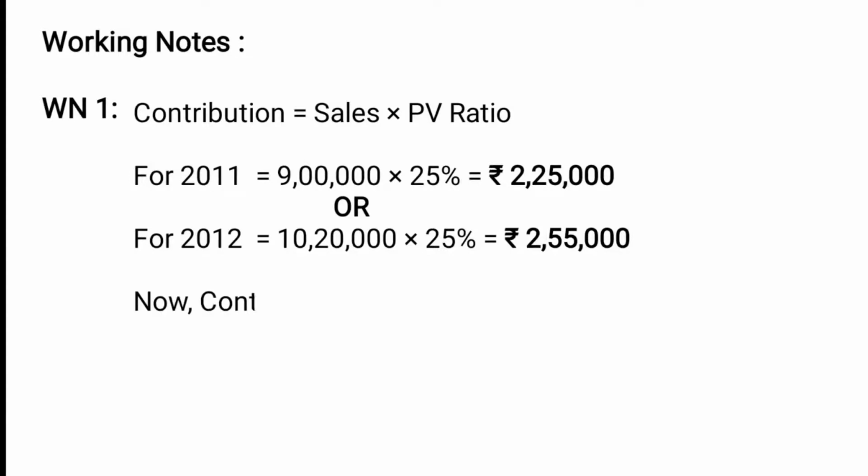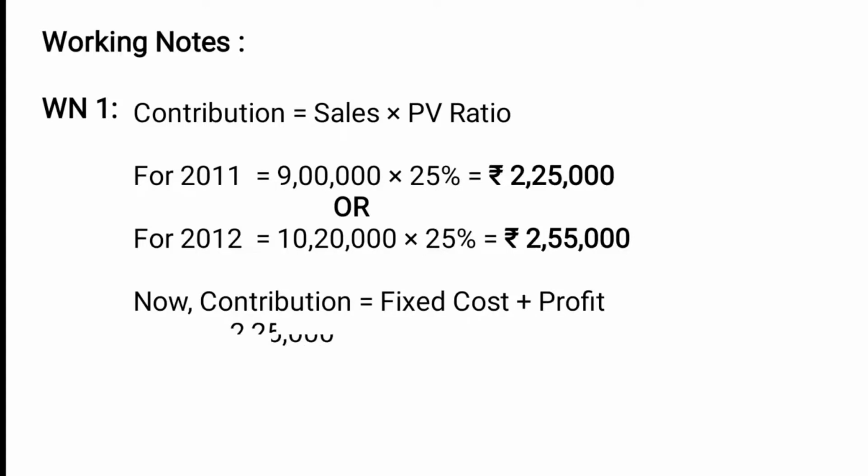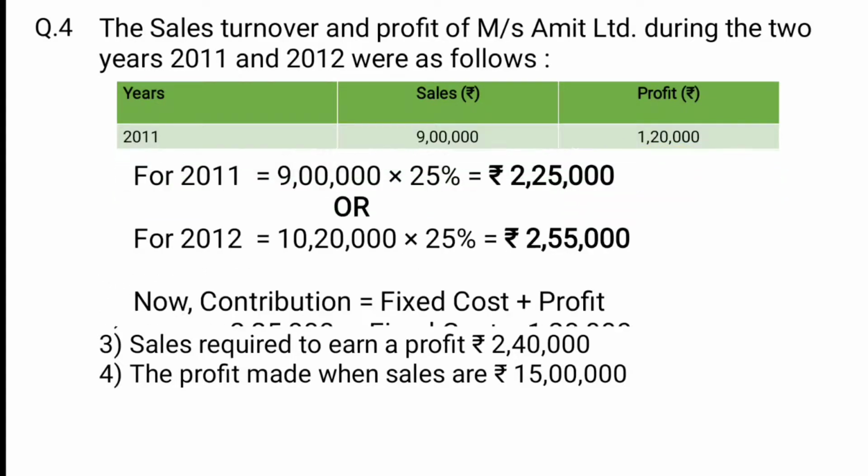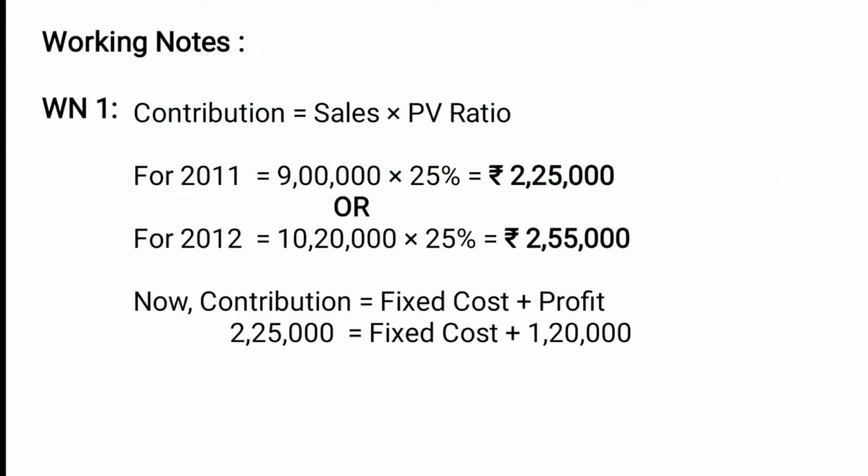Now, contribution is equal to fixed cost plus profit. So contribution amount will take as rupees 2,25,000, which is equal to fixed cost. So fixed cost amount we have to find out, plus profit. So profit amount is rupees 1,20,000 for 2011, as we have taken 2011 data to find out the fixed cost.